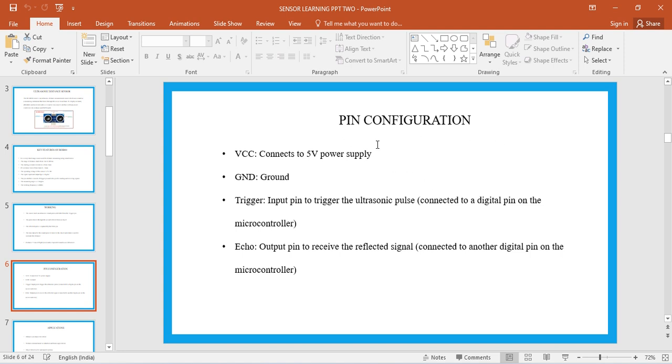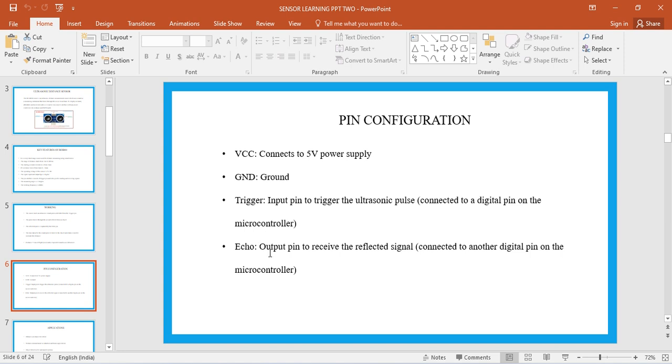Here we are seeing the pin configuration of the sensor, with VCC as the input. We give the 5 volt DC supply to this pin only, then the ground pin, the trigger pin to initiate the ultrasonic sound waves, and the echo pin.